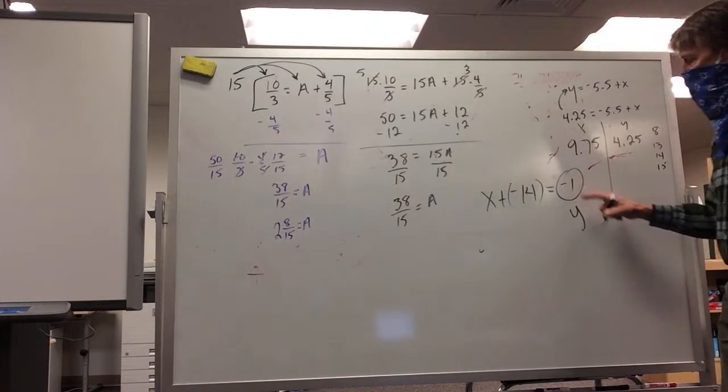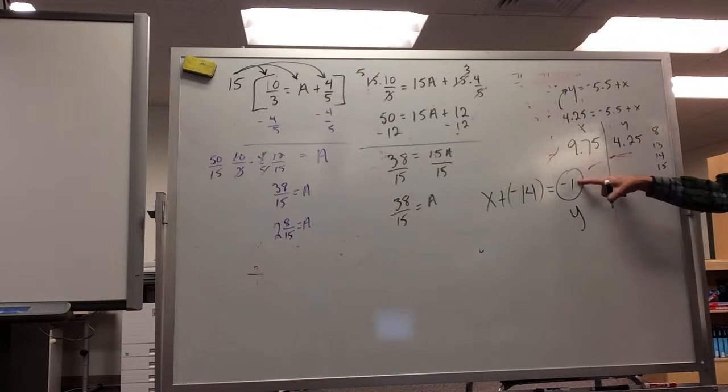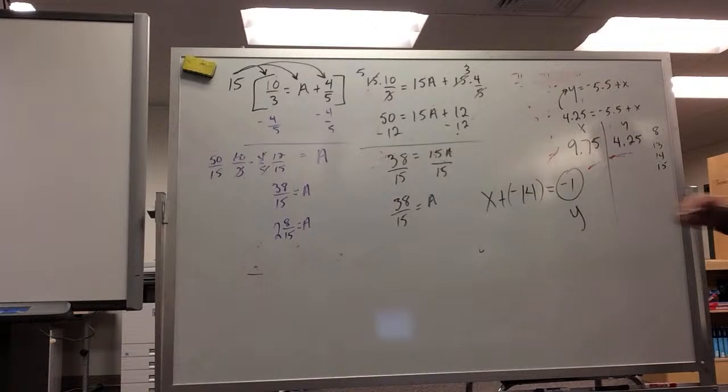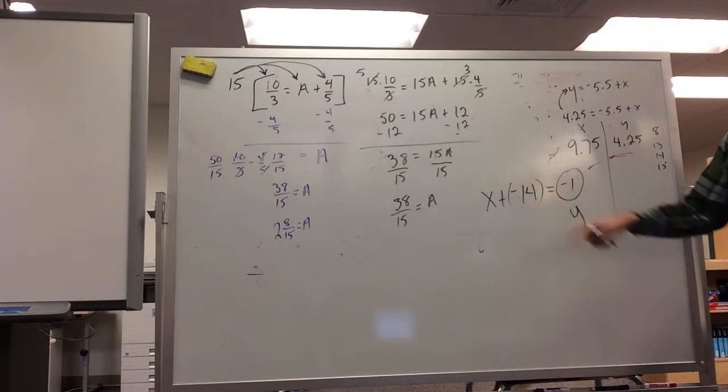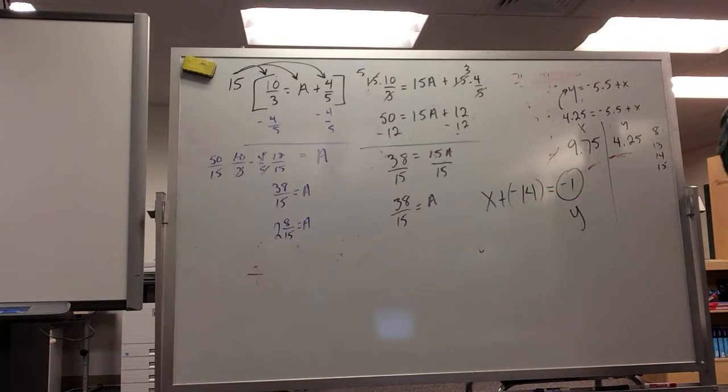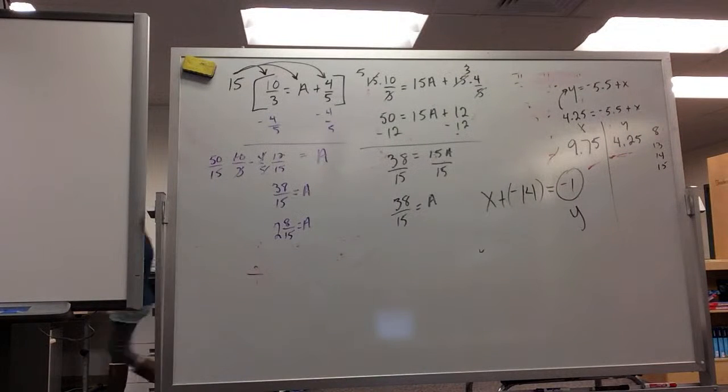What I just circled there is what y would be when you go to your graphing calculator. So go to y equals and do x plus negative 14. Y equals is in the upper left-hand corner. So hit y equals, and then type in x, which is the X,T,theta,n key.